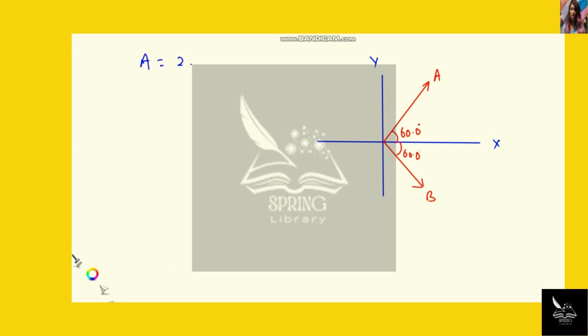A is 2.80 centimeter and B is 1.90 centimeter. First of all we take their components. Here it will be AX and AY, and this will be BX and BY.